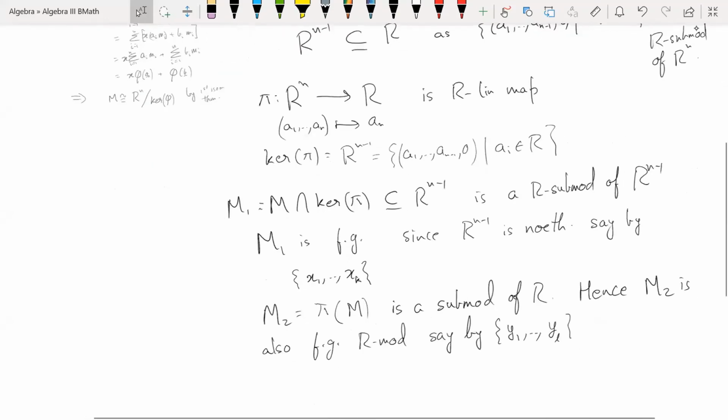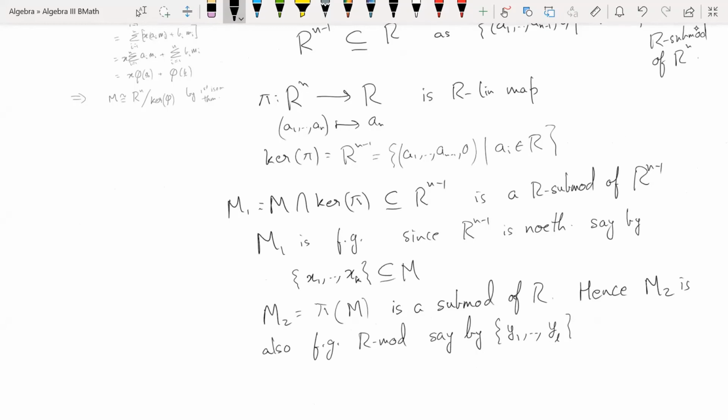Now I'll use these two generating sets to generate M. Of course x1 to xk is already contained in M, so I don't have to do anything. But y1 to yl are not elements of M. They are elements of M2, which is a quotient.